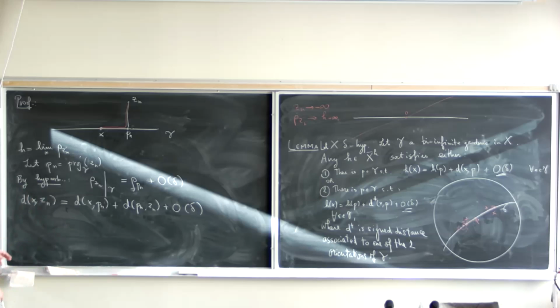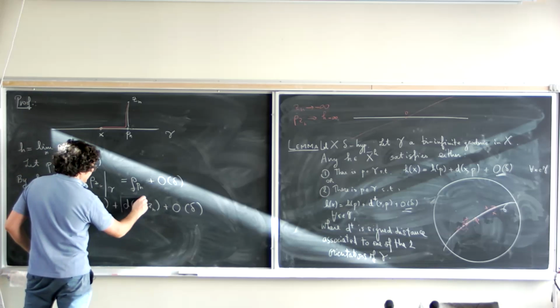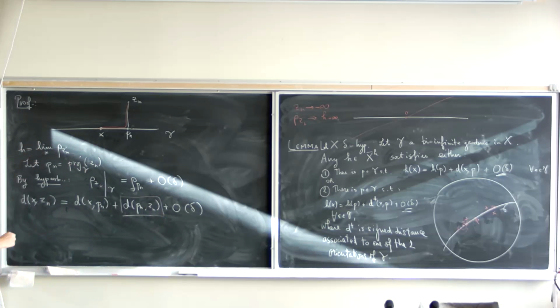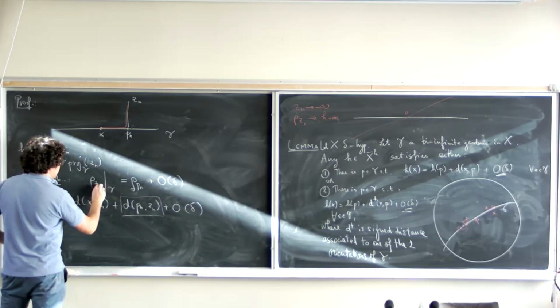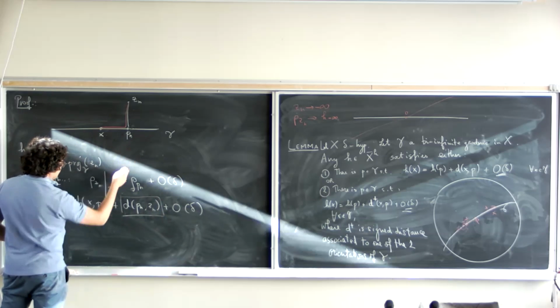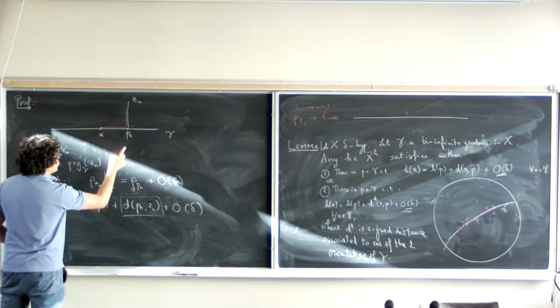If you rewrite rho Zn, it's like d(x, Zn), and you simplify this. This happens twice, and so you get that the restriction of rho Zn to the geodesic is basically rho of the projection.